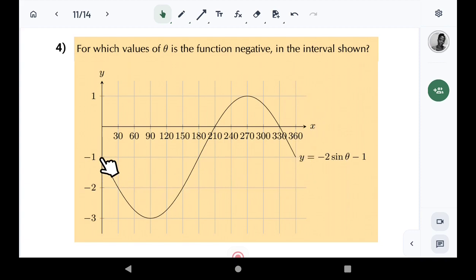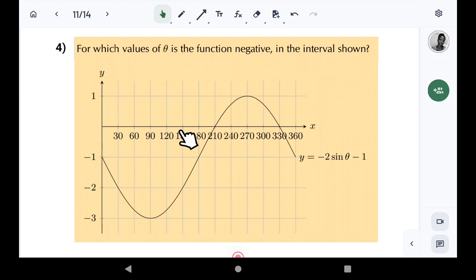The part that lies below the x-axis is this bit until that point, and that bit until that point. That is negative. The part of the function that is positive, lying above the x-axis, is this bit between 210 and 330 degrees.